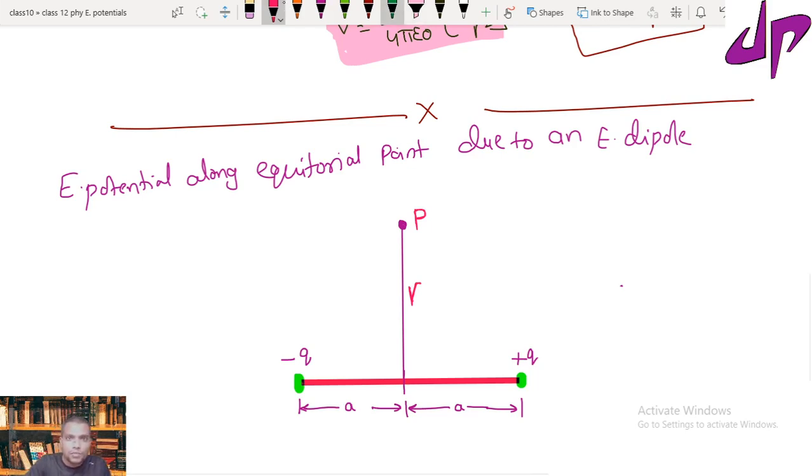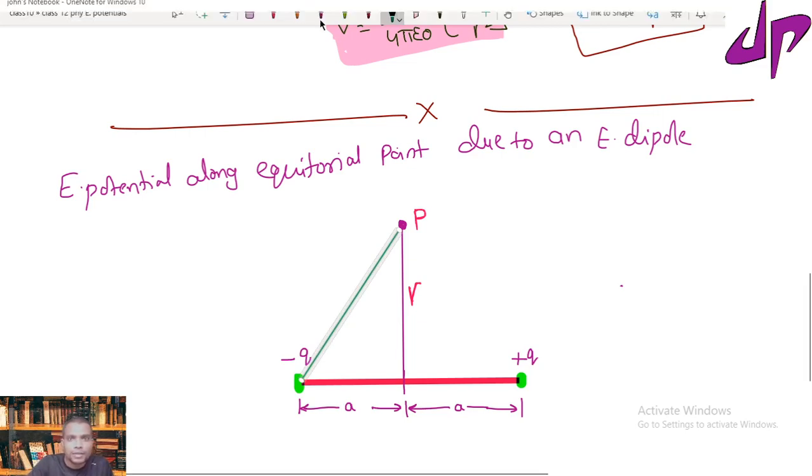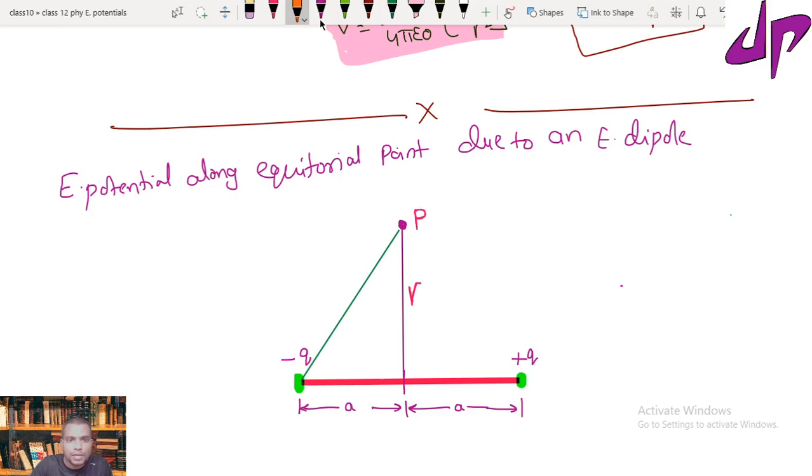Our task is to find the electric potential at point P due to this dipole. Suppose I take the charges as point A and point B, and here it makes an angle of 90 degrees.